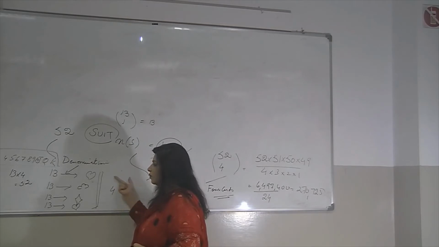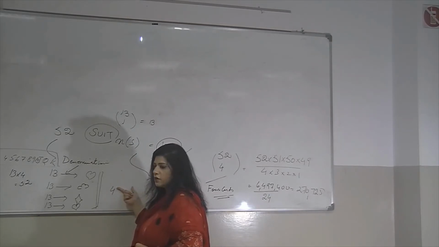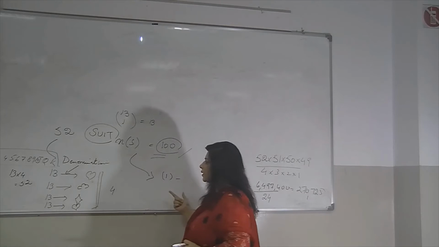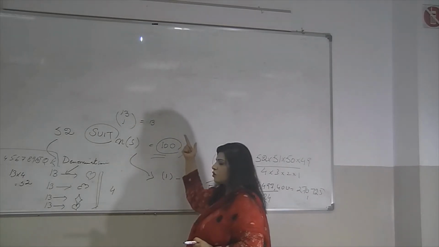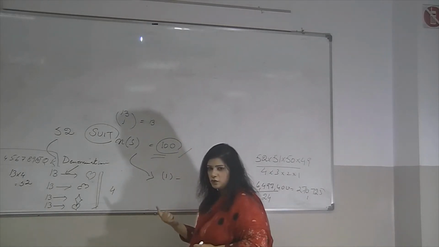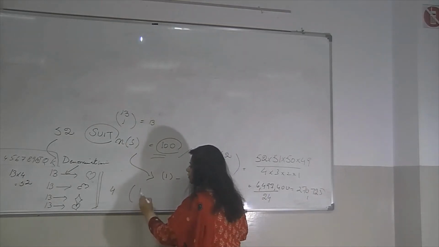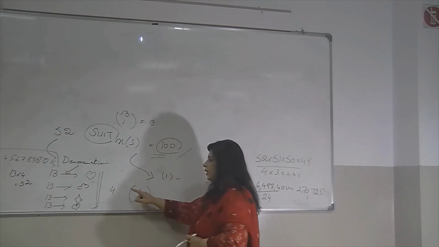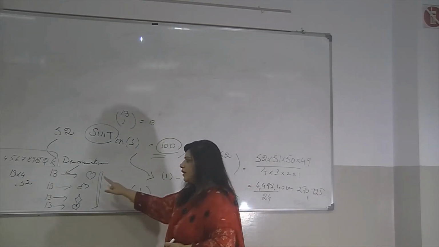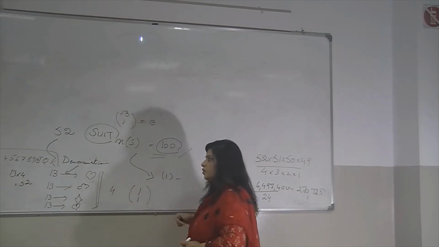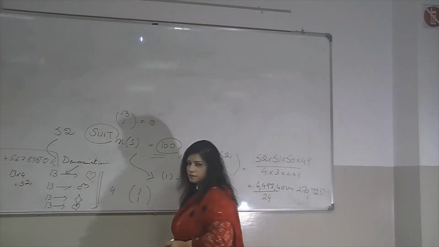If you simply want the 4 of hearts, then there will be just a combination of 1C1, because you'll be having 1 four of only hearts. And we're just talking about the hearts denomination here.